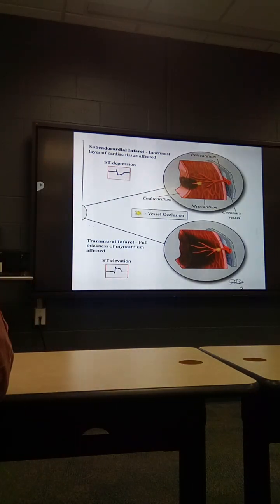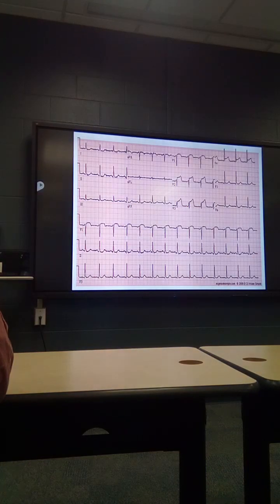So yes, it's less severe because not the whole side of that heart muscle is necrotic, where with ST elevation it is. So you can see here's an EKG in leads V1, 2, and 3, I think. You can see the ST elevation. You can see it here too.